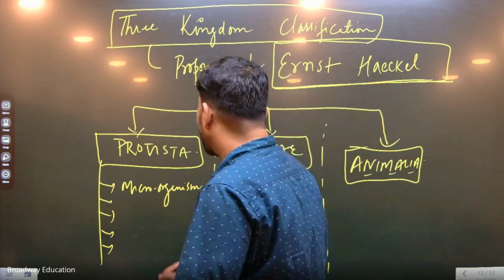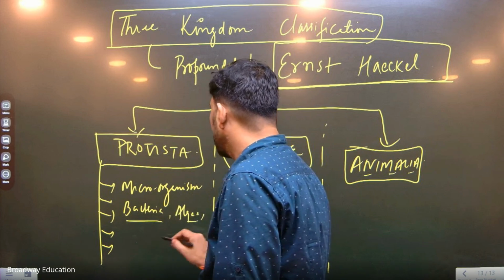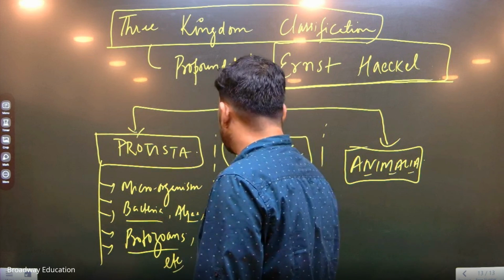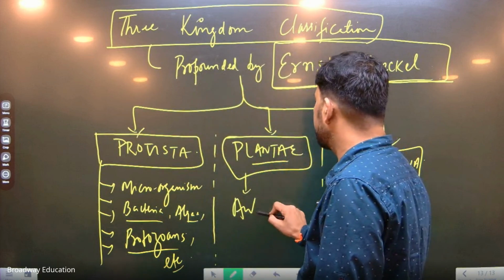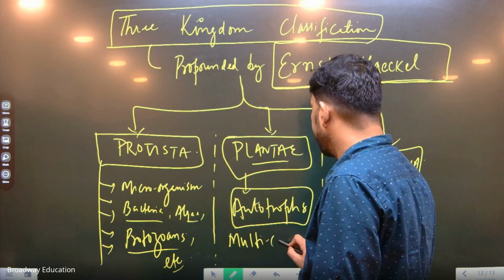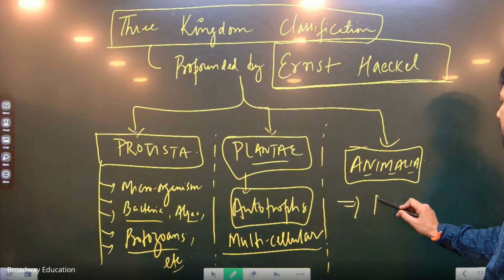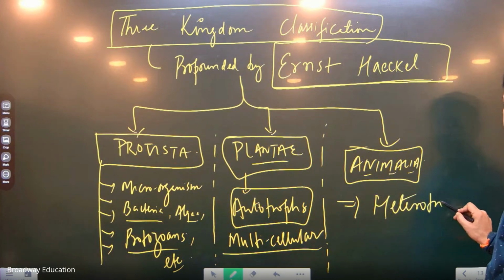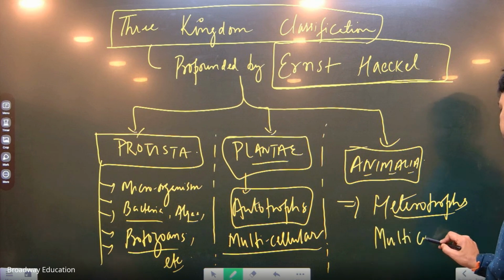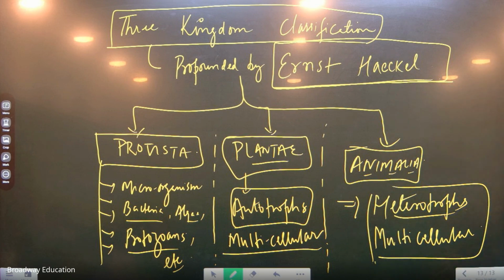Microorganisms that included bacteria, algae, protozoans, etc. Again, the plants are mostly autotrophs and multicellular, and Animalia are heterotrophs, and these are also multicellular. Please write it down. Done? Very good.